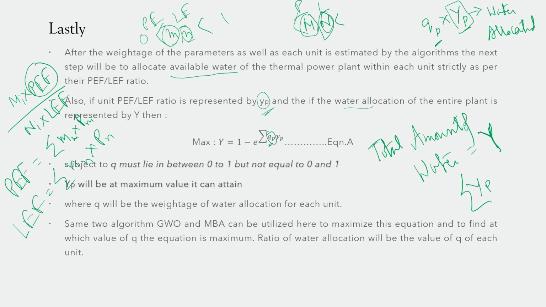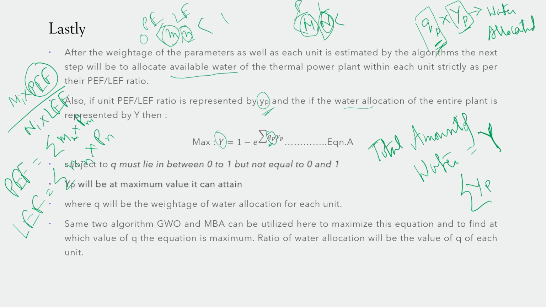Now our aim is that this total amount of water must be utilized optimally, but maximum water has to be utilized. So that is why we are using this term QP. This is another unknown term, and this QP is giving the significance of each unit with respect to the water allocated to them.